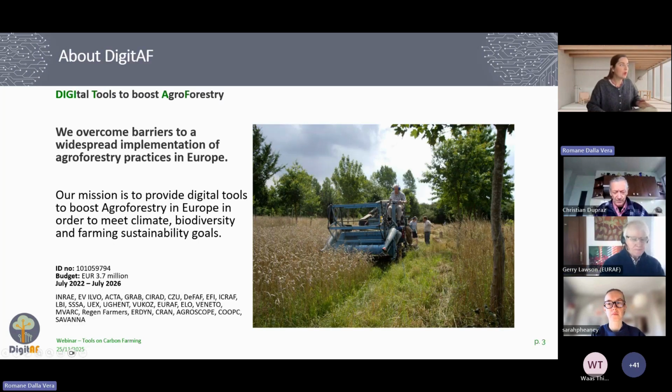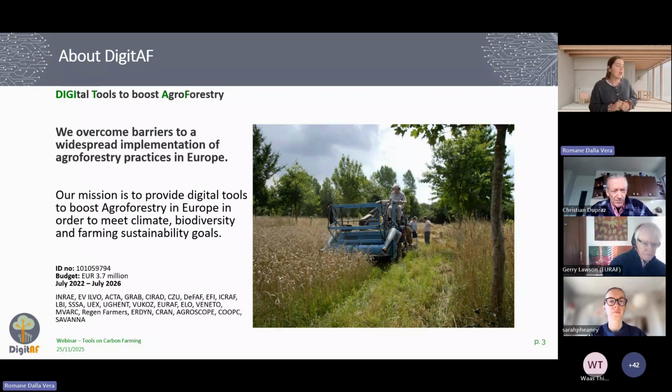So first, a few words about our DigitAF project. I will go very briefly into that so we can go very quickly to our three main topics of the day. So DigitAF is meant for digital tools to boost agroforestry. It's a European project, funded by the European Commission, and it's gathering 24 partners from 19 countries.